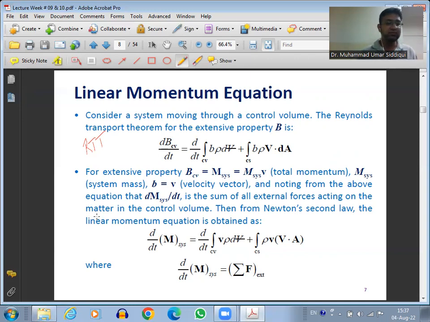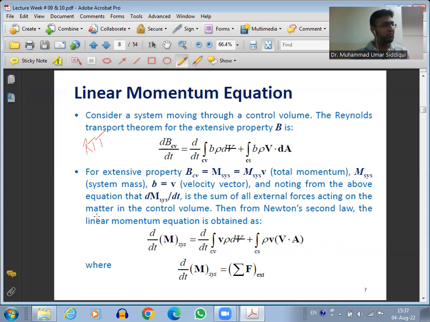The Lagrangian approach says that we fix a specific mass of the fluid and then we analyze what happens with that mass of fluid. On the other hand, in the Eulerian approach, we do not fix a specific mass of the fluid. Rather, we specify a certain volume in space, and then we analyze what fluid particles are passing through that volume and how the fluid properties vary as they pass through that specific space.